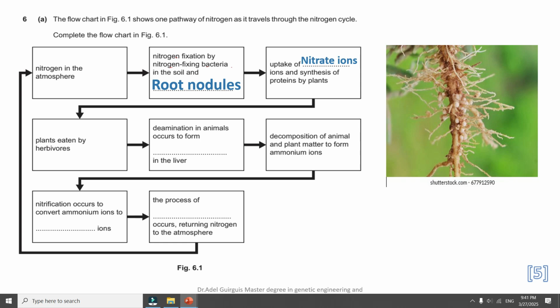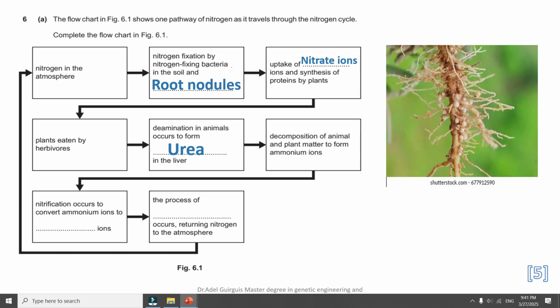What happens by eating? Okay, by absorption. Then the plants are eaten by herbivores like cows, like rabbits. Deamination in animals occurs to form what? To form urea. Nitrogenous compounds in humans and animals form urea, excreted in urine. Urine decomposes in soil.